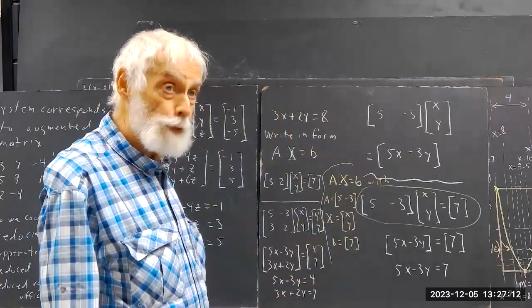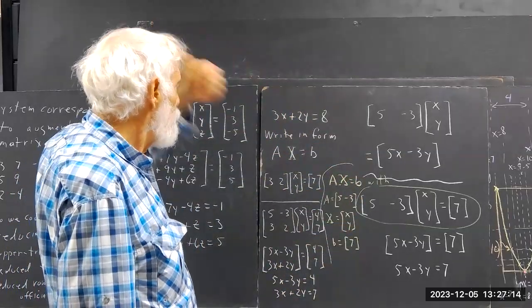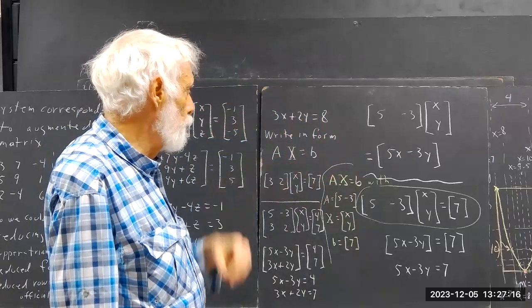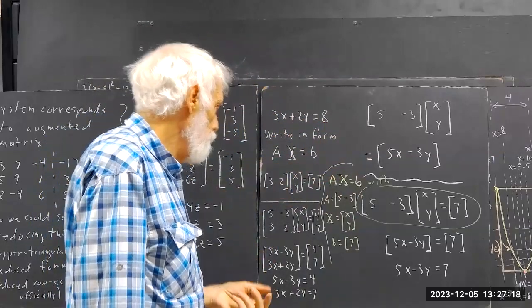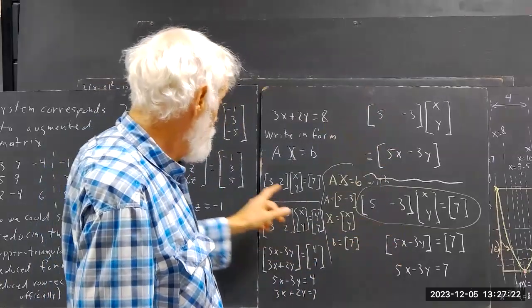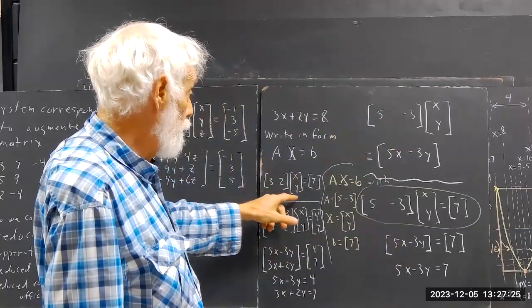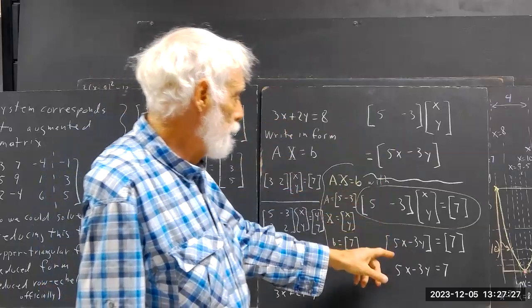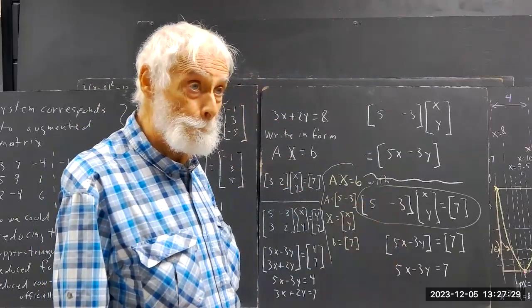So something like this could be asked on the exam. So can I write this equation in this form? And the answer is yeah. If I do this, just like what I have here, except I've got different numbers multiplying the x and the y, 3 and 2 instead of 5 and -3, right?